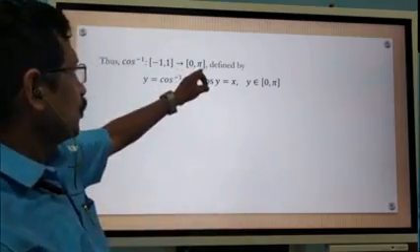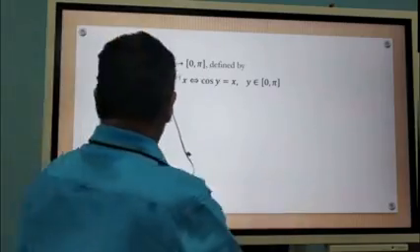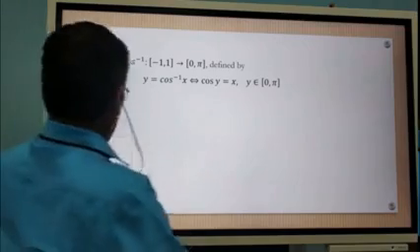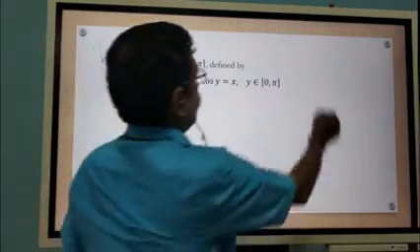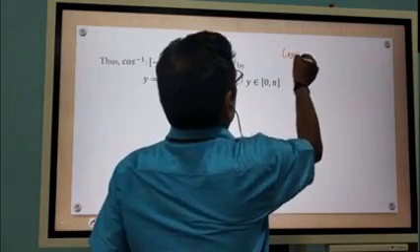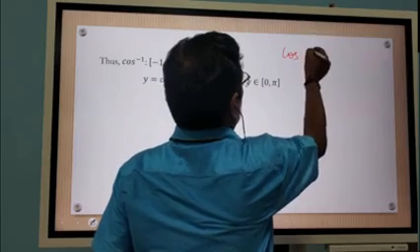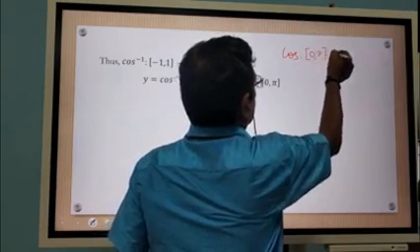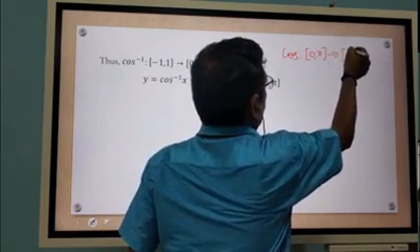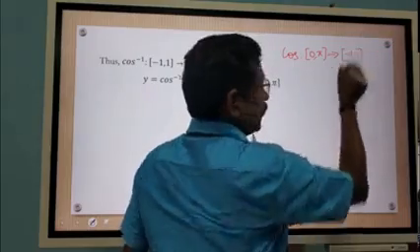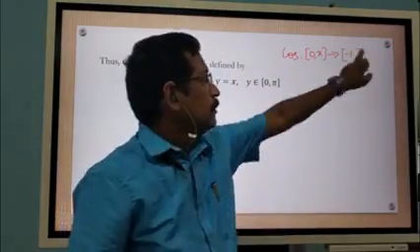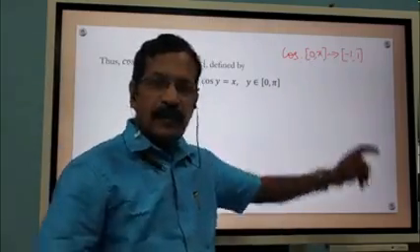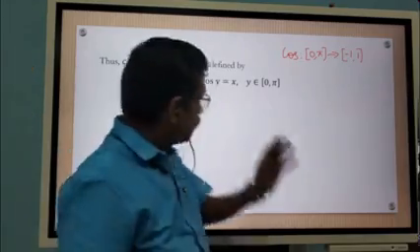Actually, cosine function is defined from 0 to pi to minus 1 to plus 1. So what will be cos inverse? Here the range becomes the domain of the inverse and the domain becomes the range of the inverse.